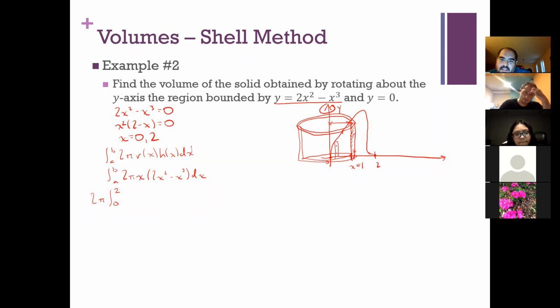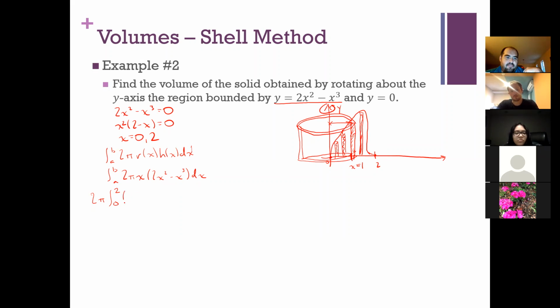I'm going to draw a bunch of these rectangles and revolve them. But as I approach this peak, there's no reason for me to redefine my integral on either side of the peak, because as x goes from 0 to 2, I can just use the x value as my radius and the y value as my height over that entire interval. So I can just do one integral from 0 to 2.